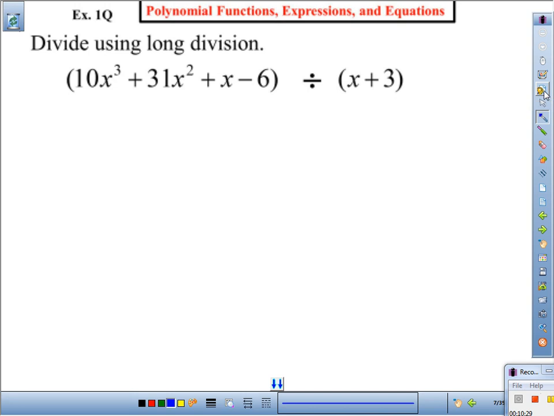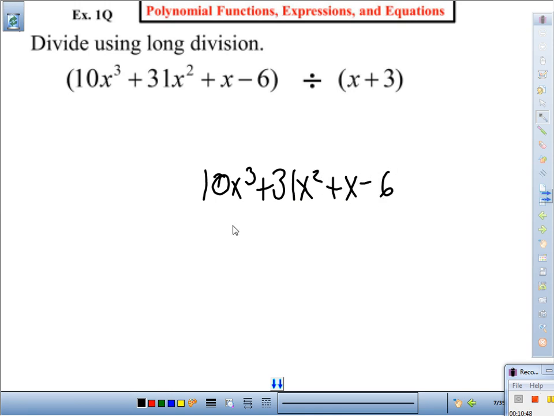All right, what's our dividend? 10x cubed plus 31x squared plus x minus 6. So that goes inside, 10x cubed plus 31x squared plus x minus 6 divided by x plus 3.